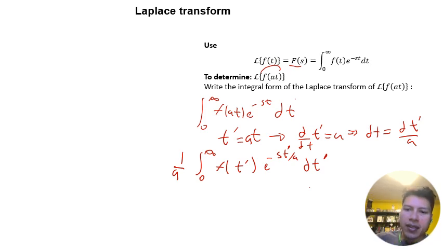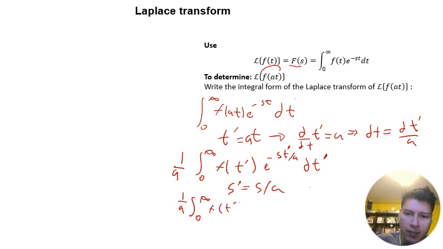Then we can define s prime as s over a, and so now we have 1 over a, the integral from 0 to infinity of f of t prime e to the negative s prime t prime dt prime.